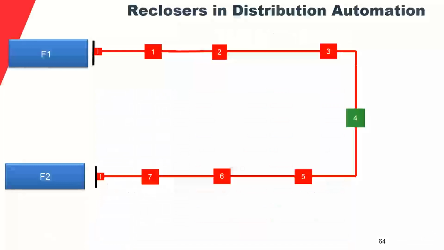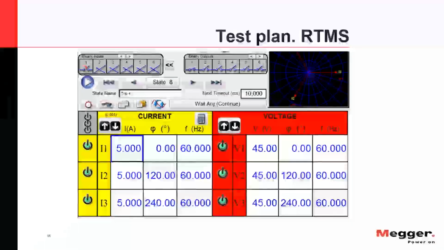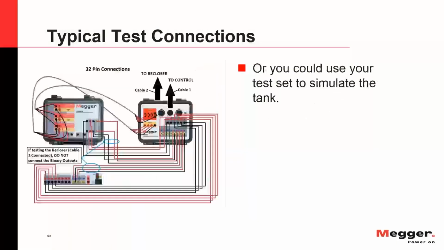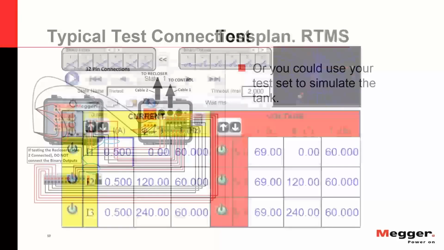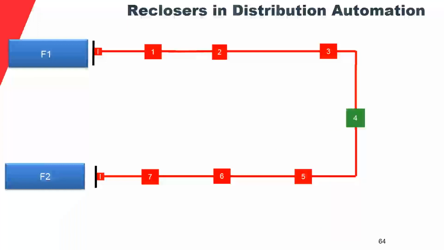Now, so far, we've only tested the recloser on the pole with no connection to anyone in the outside world. But what happens when we have what we showed you before, a system like this, where the different reclosers operate in unison to respond to states in the system?